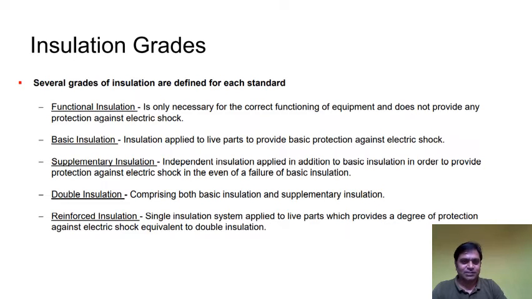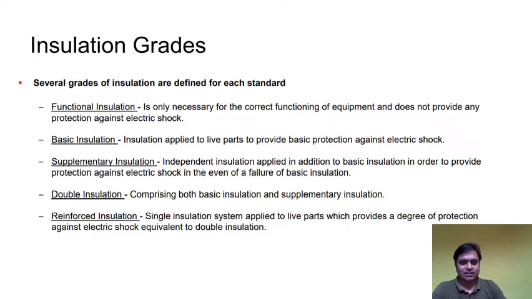So functional insulation, this is only necessary for the correct functioning of the equipment and does not provide any protection against electrical shock. The basic insulation, this insulation is applied to live parts to provide basic protection against electric shock. The supplementary insulation, this is independent insulation applied in addition to the basic insulation in order to provide protection against electric shock in the event of failure of basic insulation.